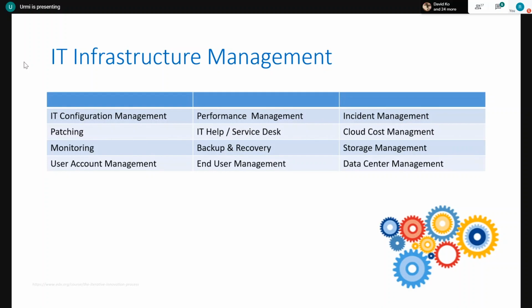User account management, again, is tied to security. It's a critical piece. Administrators get separate accounts from their individual login accounts. You do role-based access, so each user is given an account specific to the type of role that they're going to be playing.